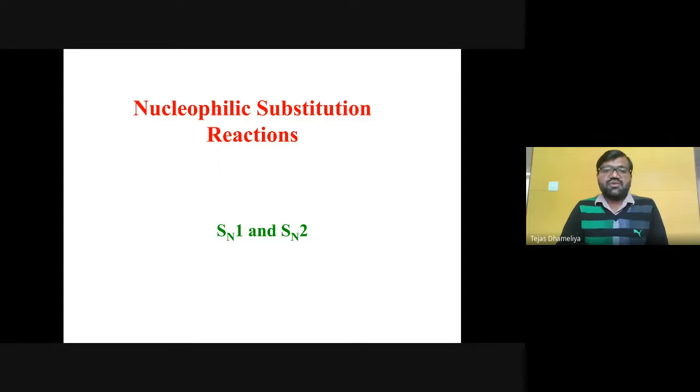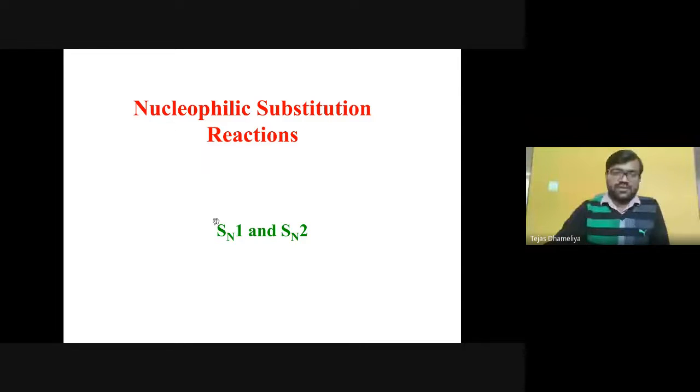So we are going to learn one of the reactions which is called nucleophilic substitution reaction, the reaction driven with the help of a nucleophile. Because as the name indicates, nucleophilic, basically there should be the presence of a nucleophile in the reaction which can promote such kinds of substitutions.